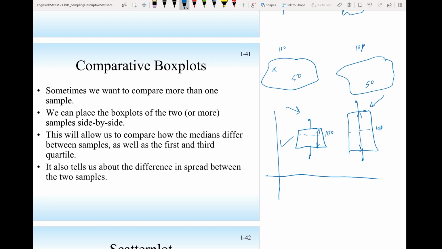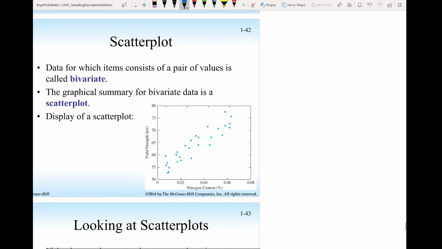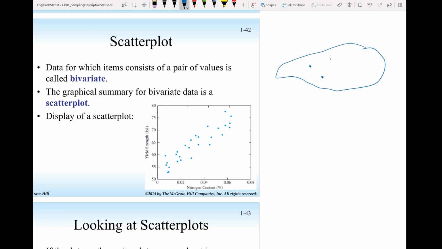Now the last method is the scatterplot. A scatterplot is used if you have a sample or a population, but the data points actually have two values, bivariate. So one data point has a value x1, y1, this data point has x2, y2, and so forth.